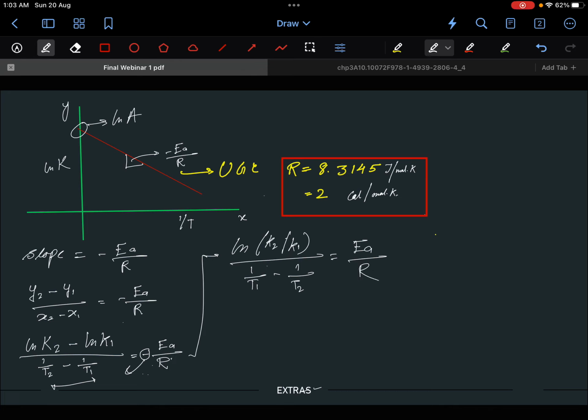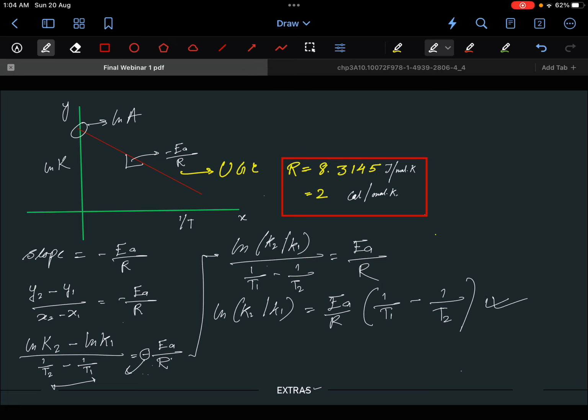Now from this equation, ln k2 by k1 is equal to Ea by R into 1 by T1 minus 1 by T2, right?